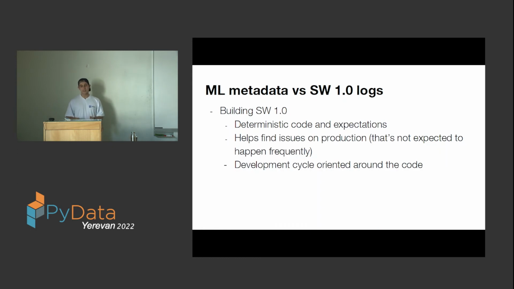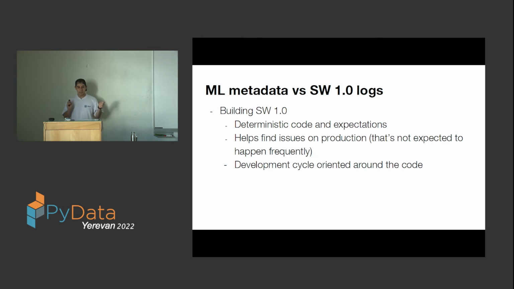So the fundamental difference is, what does it mean to build software 1.0? What does it mean to build software 2.0? When you're building software 1.0, it's a deterministic process, not a black box. You write code, you expect it to work in a certain way, and then you repeat.